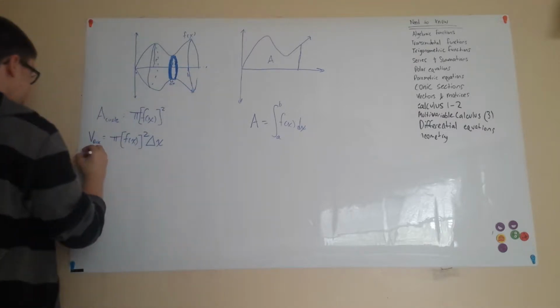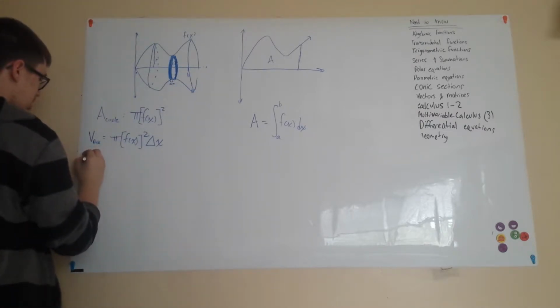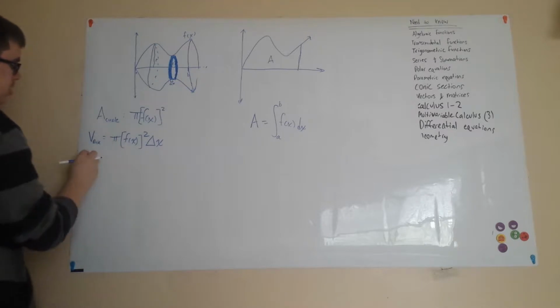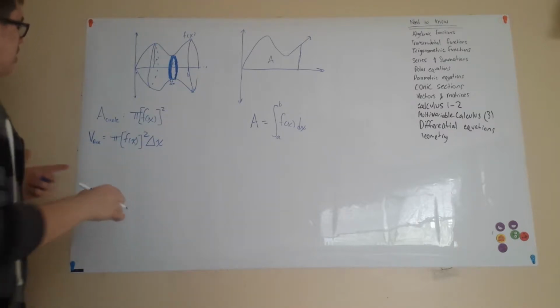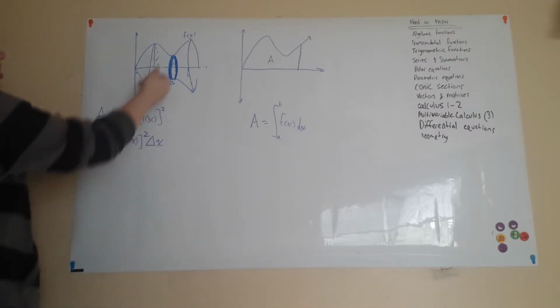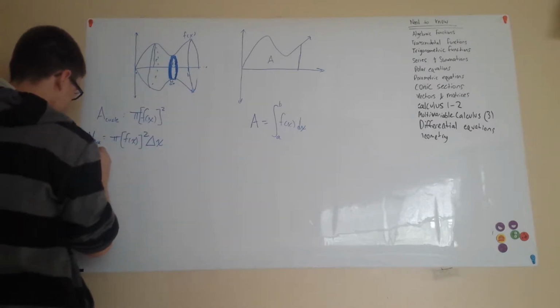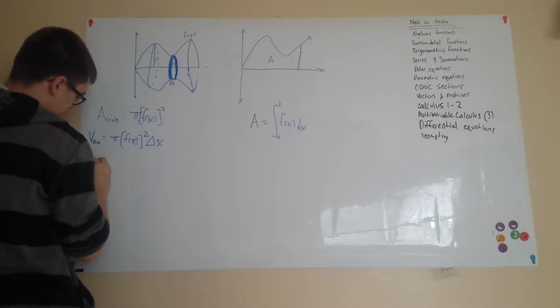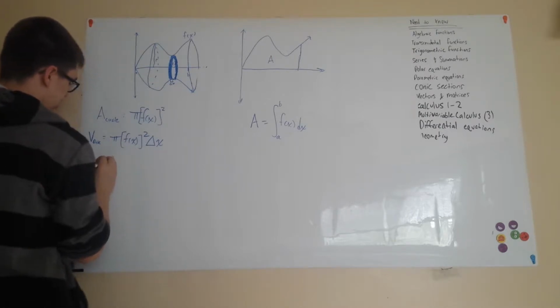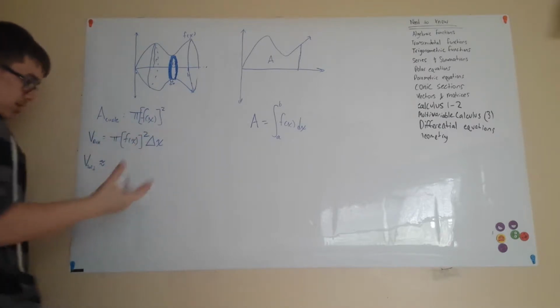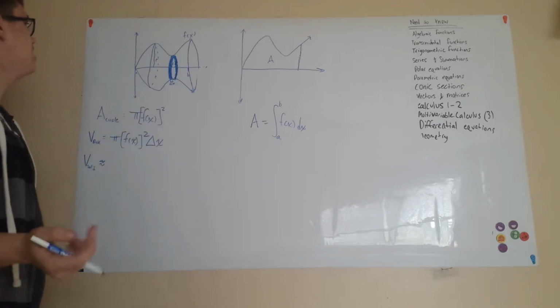Okay, so what we're doing here is, this is the volume of just any disk. But what we're doing is we're finding the volume of the solid. And the volume of the solid, we can approximate that by adding all the volumes of the disks, right?